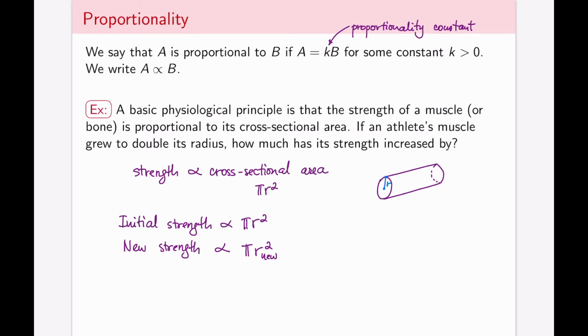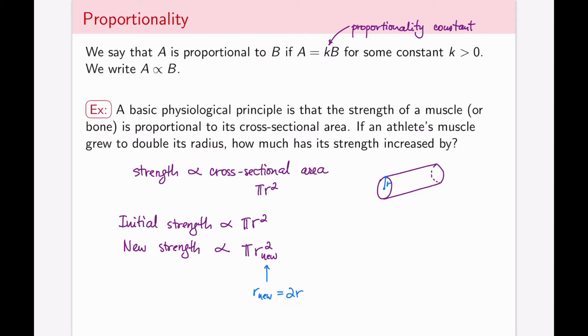But we actually know more than that. We know that our new radius, r new, is actually double the initial radius, because we are told that specific piece of information that the radius is doubled. So that means that I can replace this new radius with 2 times the old radius.